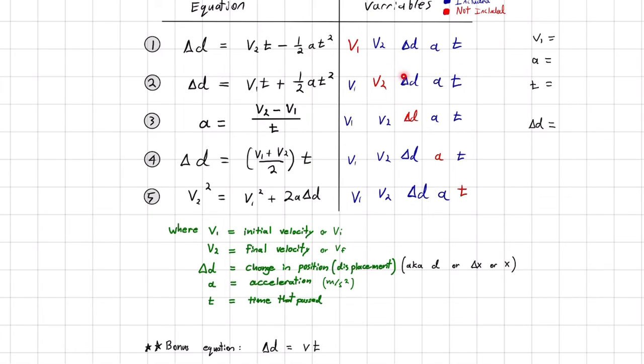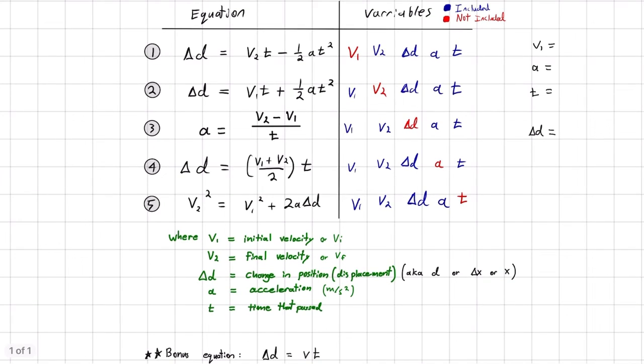See, V2, the final velocity, is not included in this equation, but look, we don't need it for this problem. So in this case, we're going to use equation 2. And you'll see this is the same process we're going to use with just about every single question we're given in this unit.